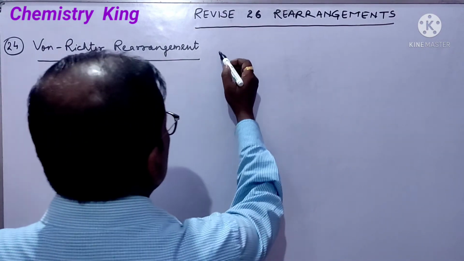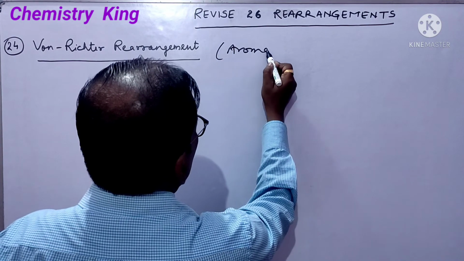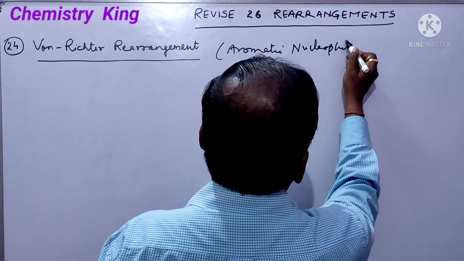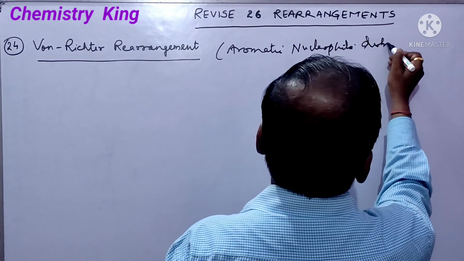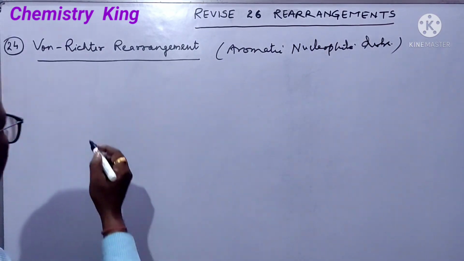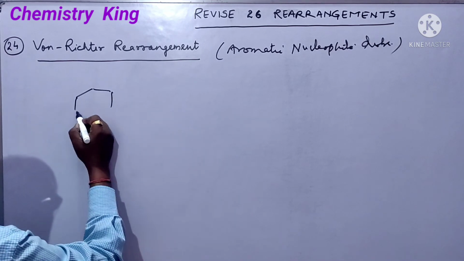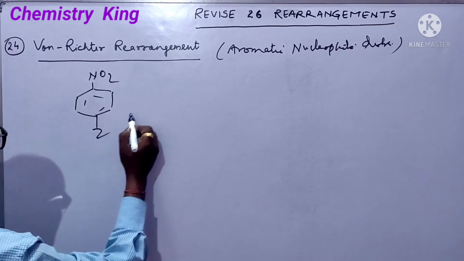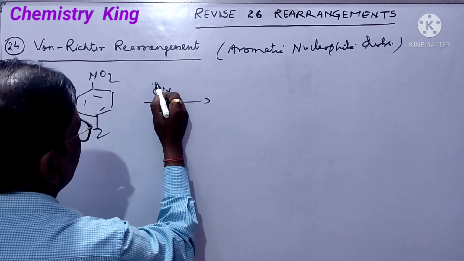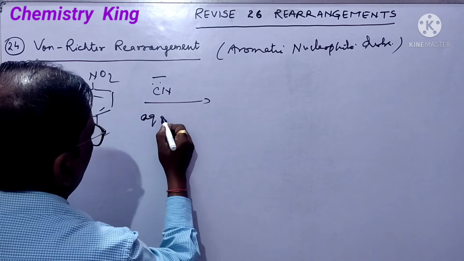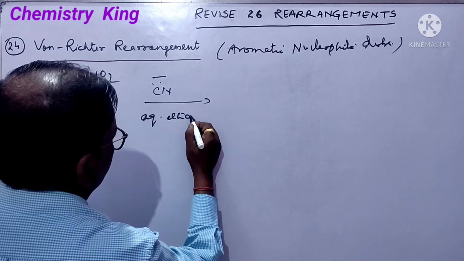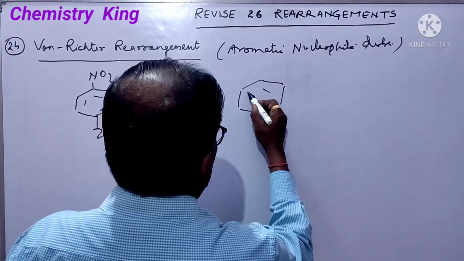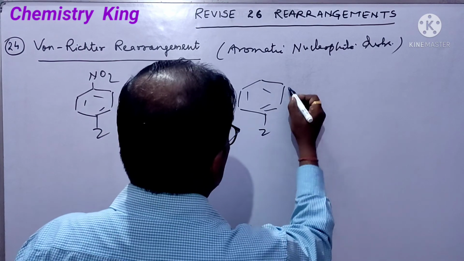It is aromatic nucleophilic substitution. Aromatic nucleophilic substitution. When aromatic nitro compound is heated with cyanide ion in presence of aqueous ethanol, this carboxylic acid is formed.